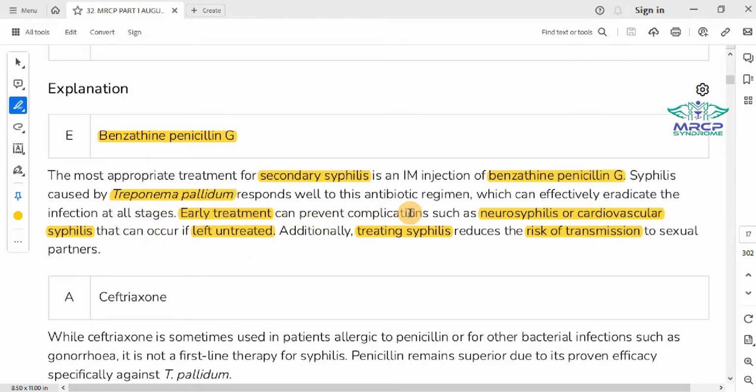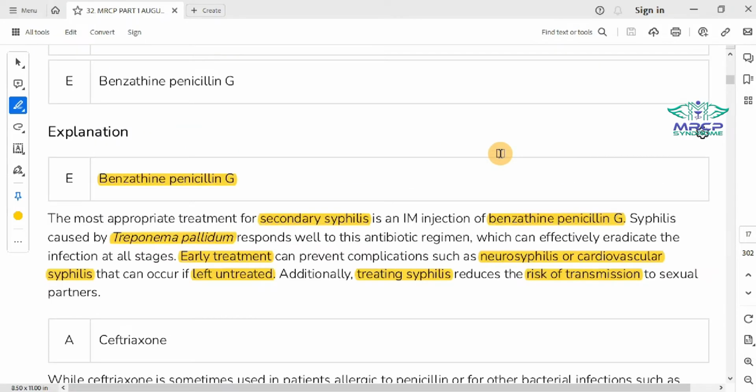Early treatment can prevent complications such as neurosyphilis or cardiovascular syphilis that can occur if left untreated. Additionally, treating syphilis reduces the risk of transmission to sexual partners.